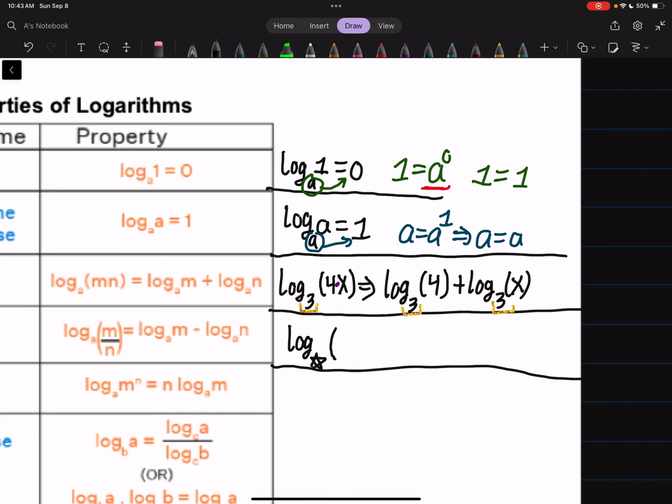Let's use 7/5. This is going to give us log base star of my first number, which is 7 on top, minus this time log base star of my second number, 5.